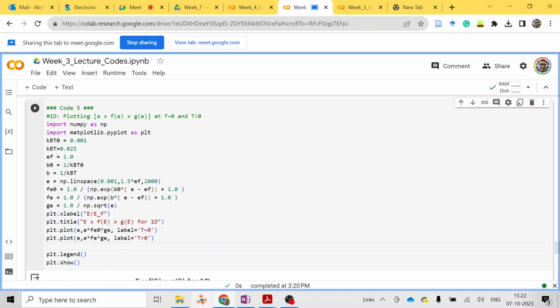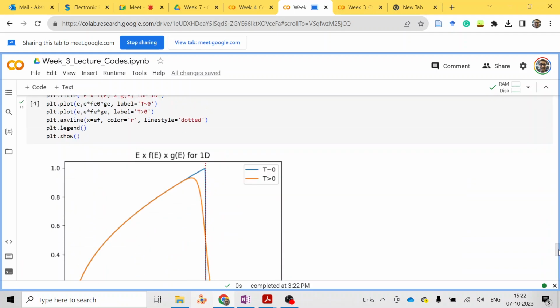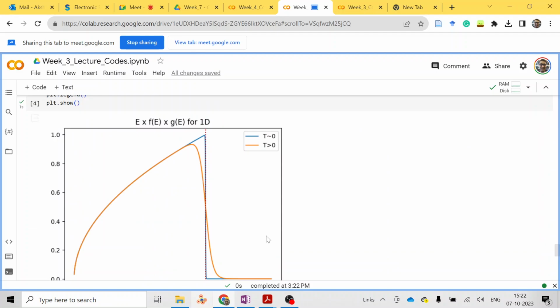The rest of the code remains the same. You just have to change the density of states, and this is what you will get for the 1D case. Because of 1 by square root of E, it will look something like this. And again you can see the difference for 1D as well, between t approximately 0 and t greater than 0, it is around the Fermi energy.